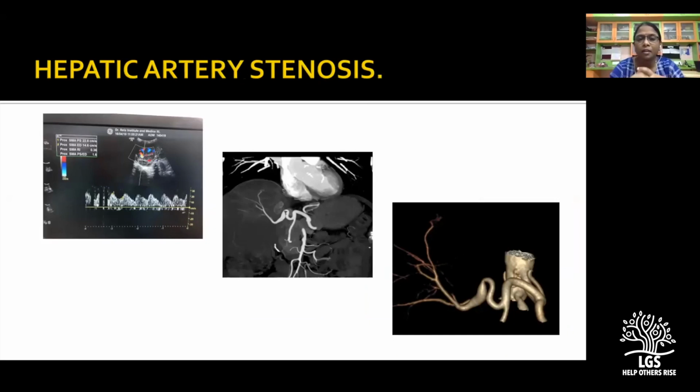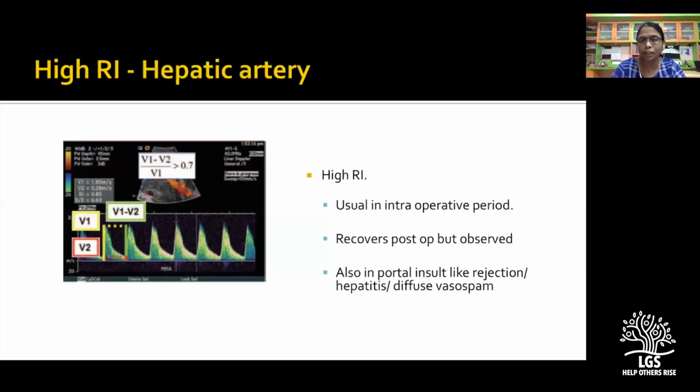And if we see a low RI, a pulsus tardus et parvus pattern in the delayed follow-up imaging, the most favorable diagnosis is hepatic artery stenosis. We can confirm it with the CT angio. Here we can see a segmental narrowing with the post-stenotic dilatation. This has to be treated with intervention like hepatic artery stenting or angioplasty.